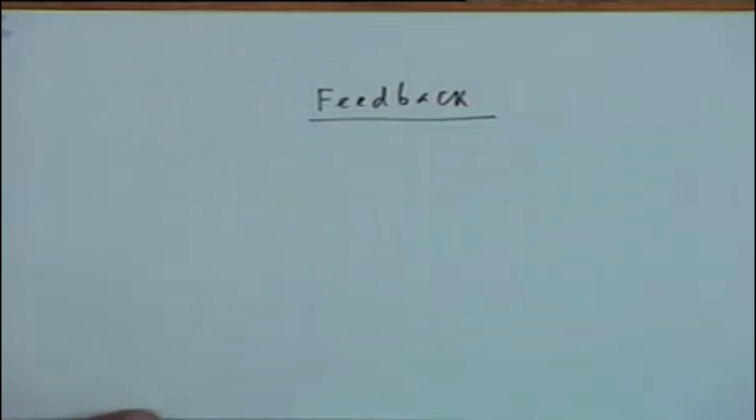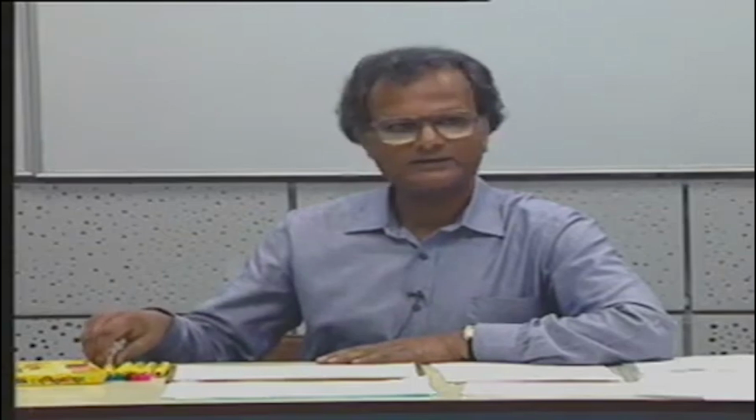Feedback in amplifiers. The definition of the term feedback is that it is a phenomenon in which the output influences the input. If a part of the output is utilized to influence the actual input to the amplifier, then we say feedback exists.